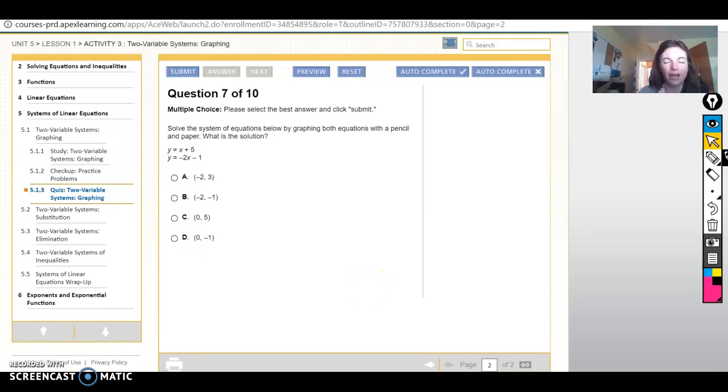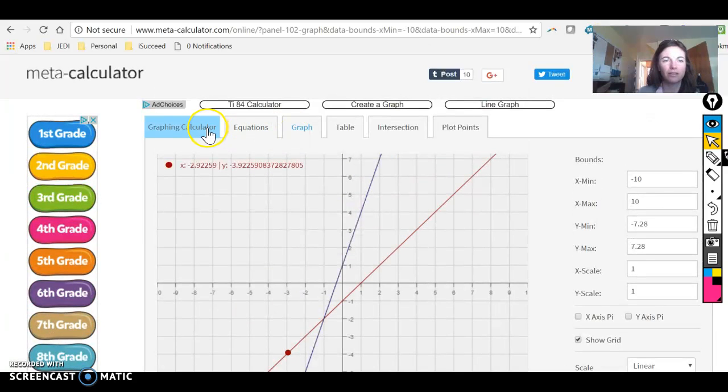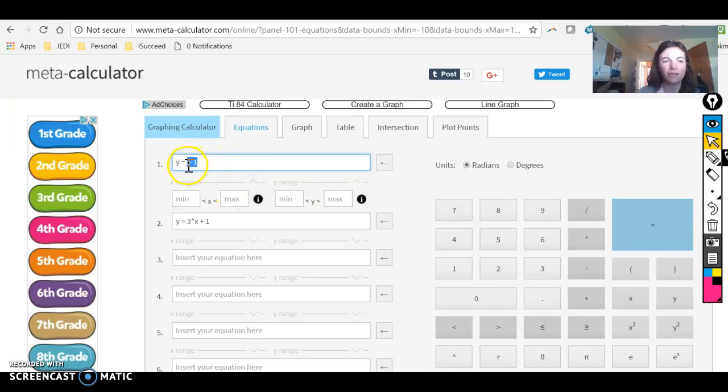Okay. Same deal here. I am going to graph, oops, x plus 5 and negative 2x minus 1.